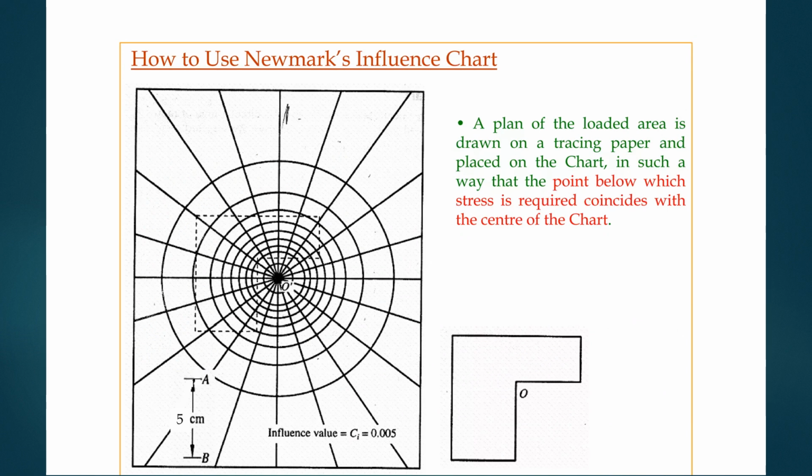Now, how to use Newmark's influence chart? A plan of the loaded area is drawn on a tracing paper and placed on the chart in such a way that the point below which stress is required coincides with the center of the chart.